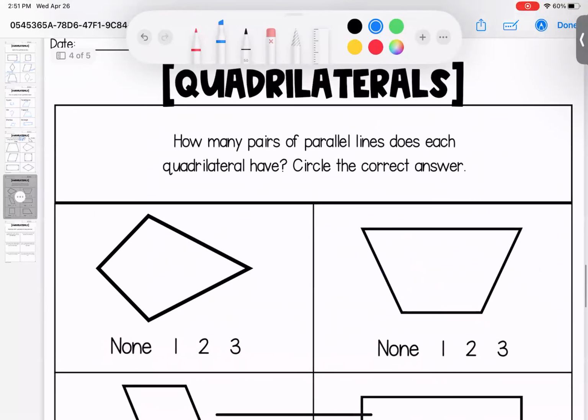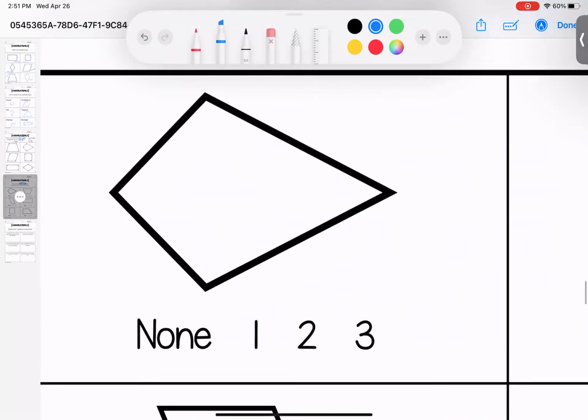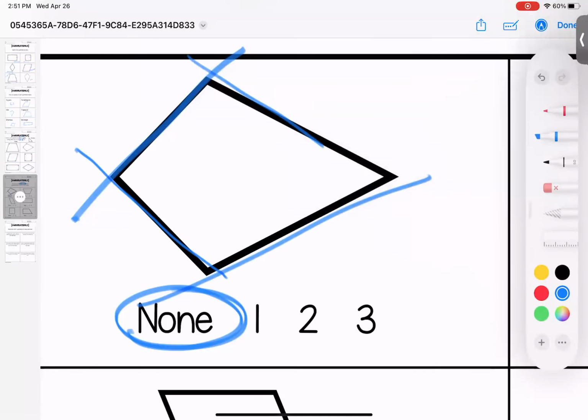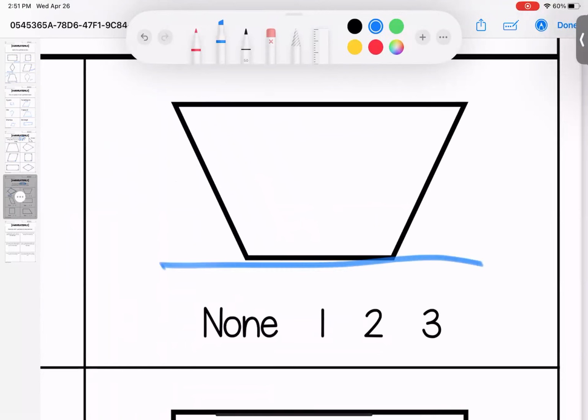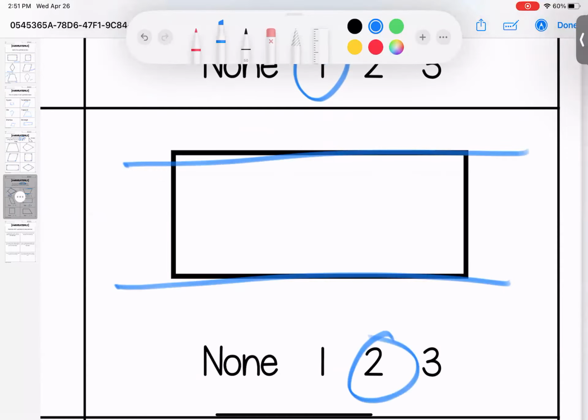Down here, we are looking at parallel lines. Remember, parallel lines continue on forever without crossing. If we look at our kite, it does not have any parallel lines. These cross here, these cross here. And if we followed our outside lines, they are going to cross as well because of the slant. Here we have one pair of parallel sides on our trapezoid. Rectangle has two pairs, across and sides.